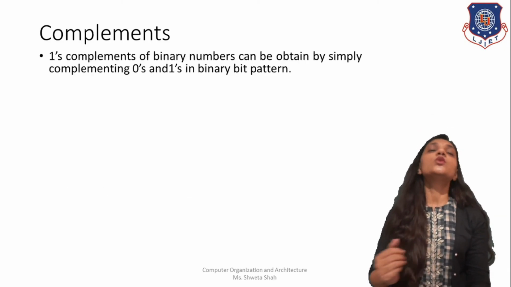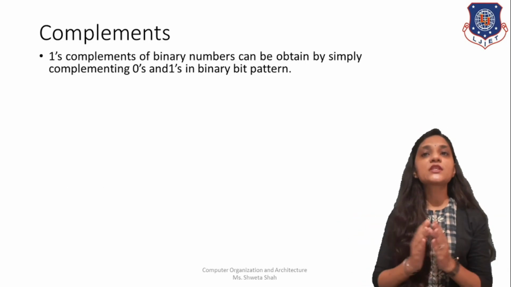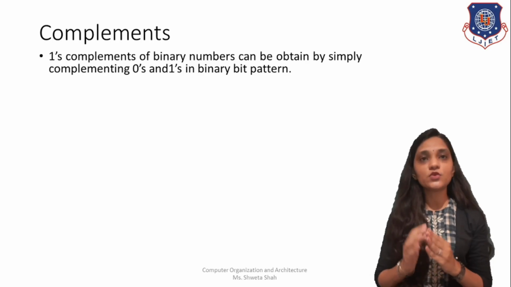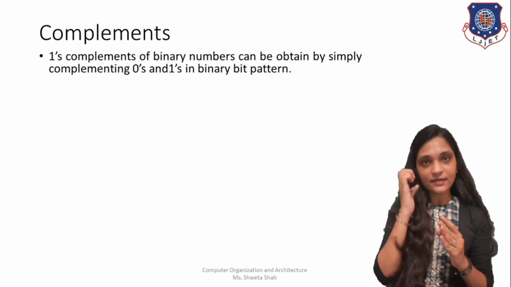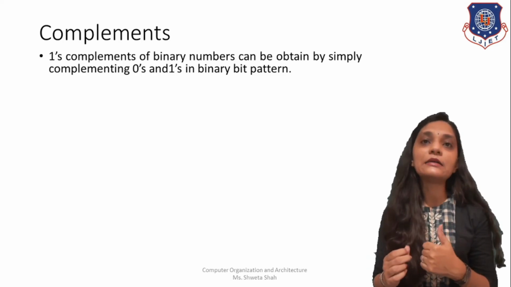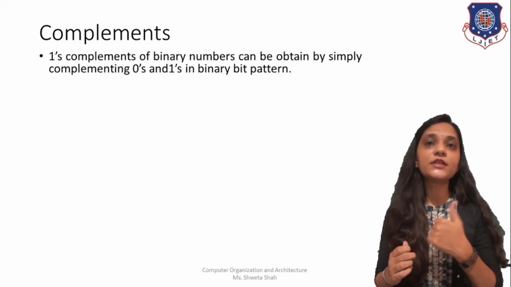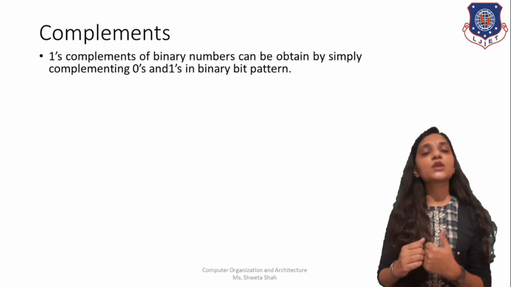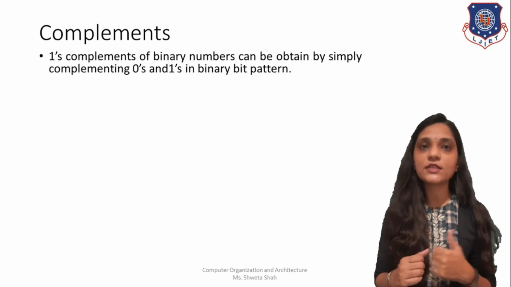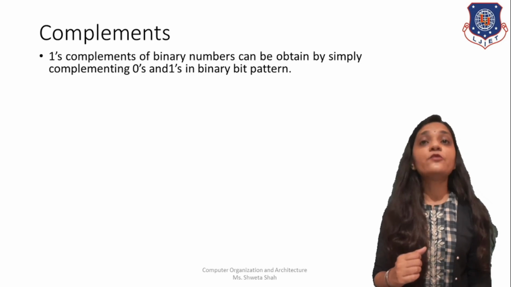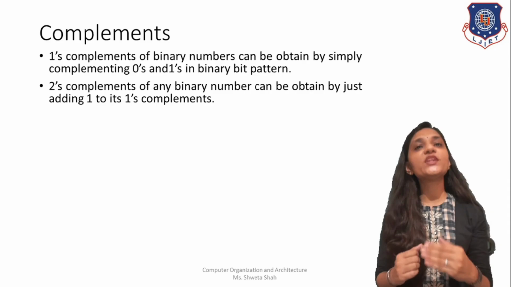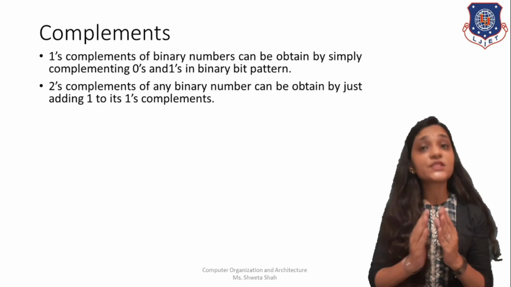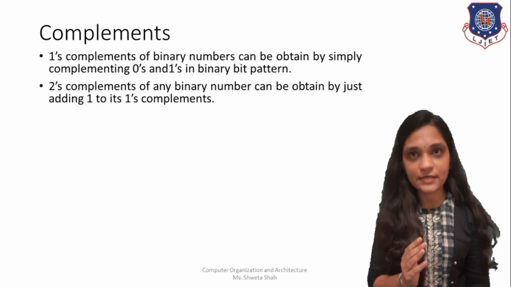For 1's complement you just need to interchange zeros and ones in your binary string. If you are given a binary string and told to convert it into its 1's complement, you just interchange ones and zeros. For 2's complement you have to add 1 to its 1's complement. This will be clearer with one example.